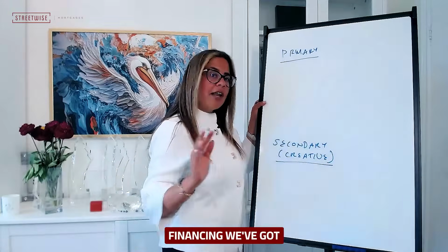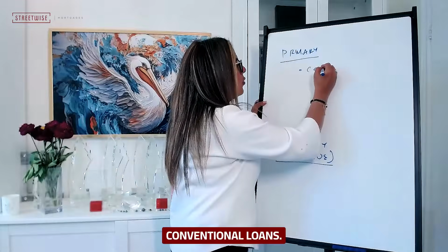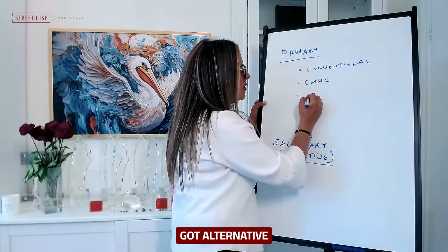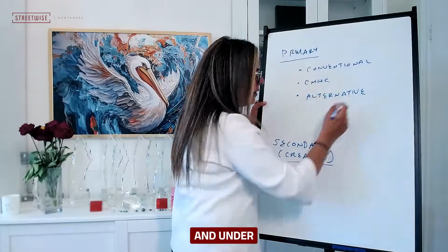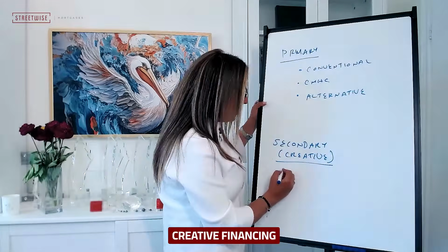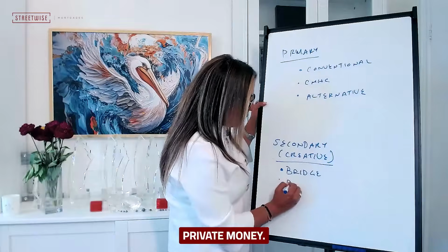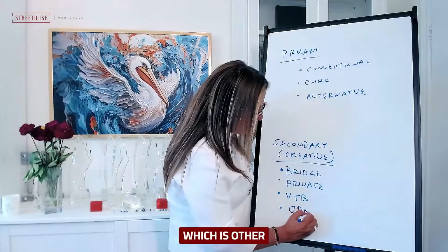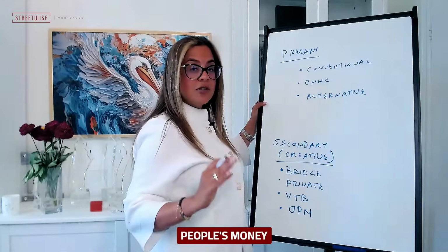So under primary financing, we've got conventional loans, we've got CMHC loans, and we've got alternative loans. And under creative financing, we've got bridge financing, private money, vendor takebacks, and OPM, which is other people's money.